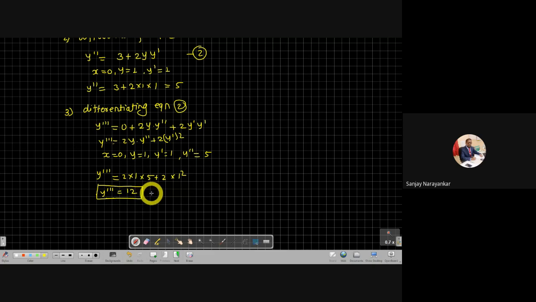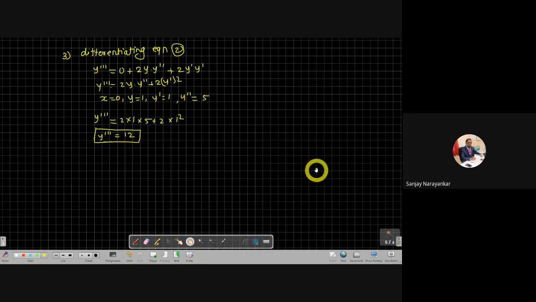Cross verify, students. Then what's left with us? The fourth term. That is now differentiating equation number 3. Can you help me write that value?